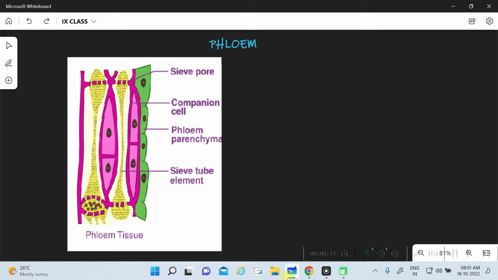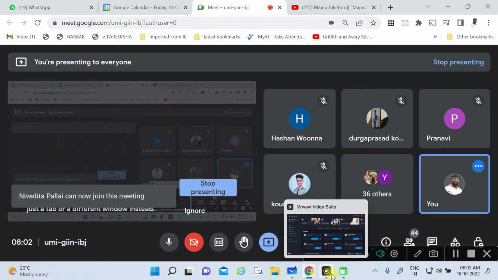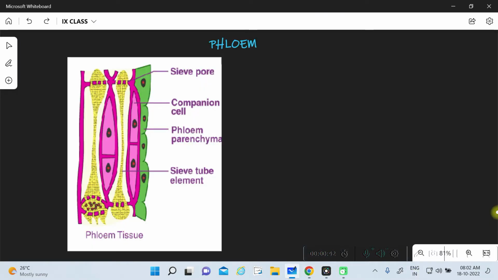In the last class, we dealt with one of the complex tissues, that is xylem. Now today we will look into the other complex tissue. It is phloem.